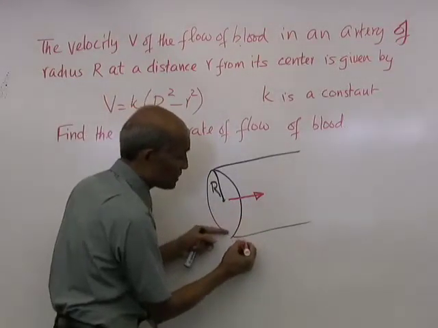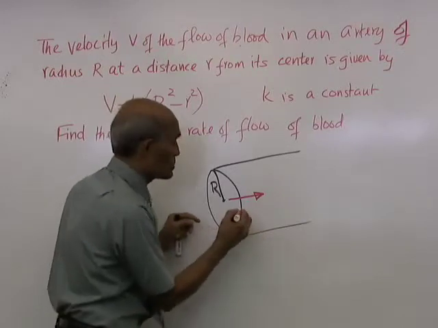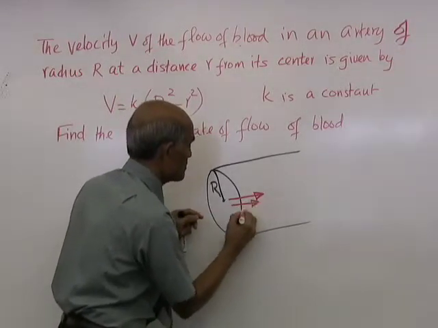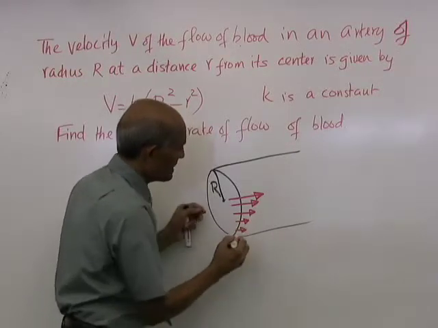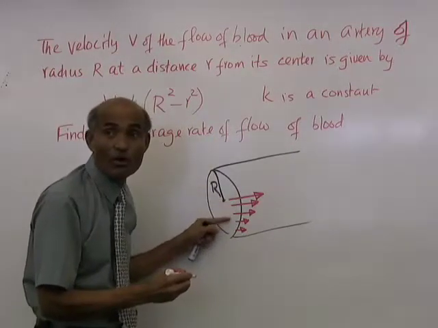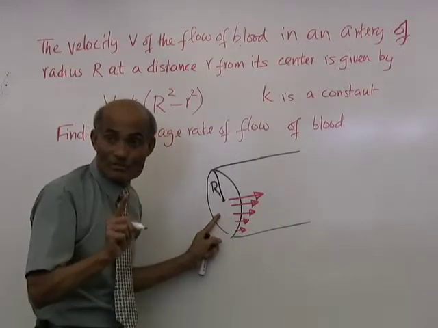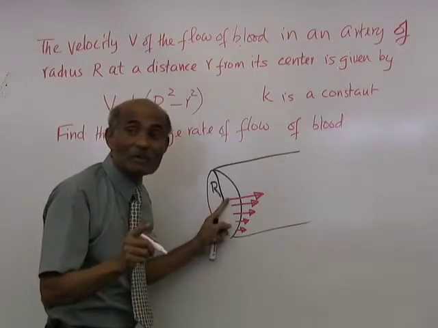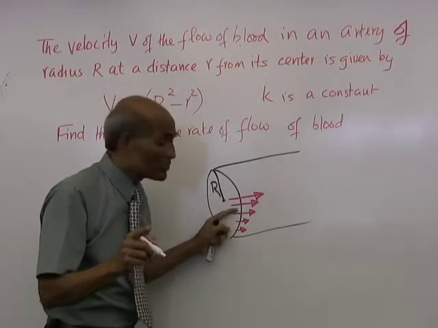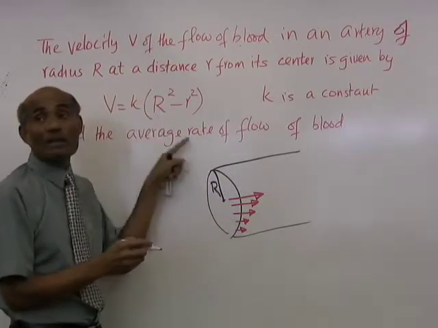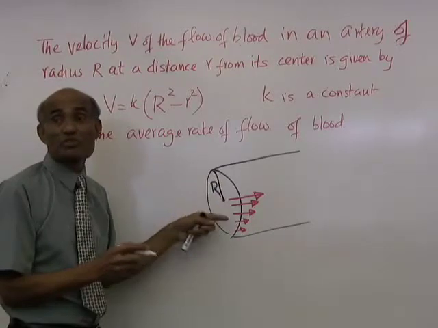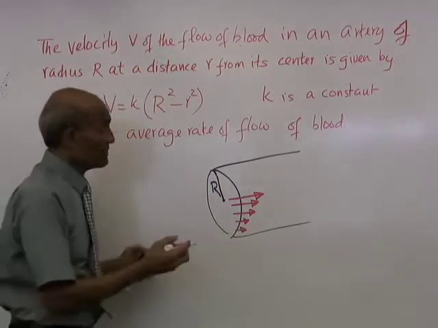As you go closer and closer to the wall of the tube, you can see that arrow becomes shorter and shorter, meaning the speed of flow becomes smaller. The speed will be slower as you move away from the center. Now you should notice that uppercase R, which is the radius of the tube, remains a constant.